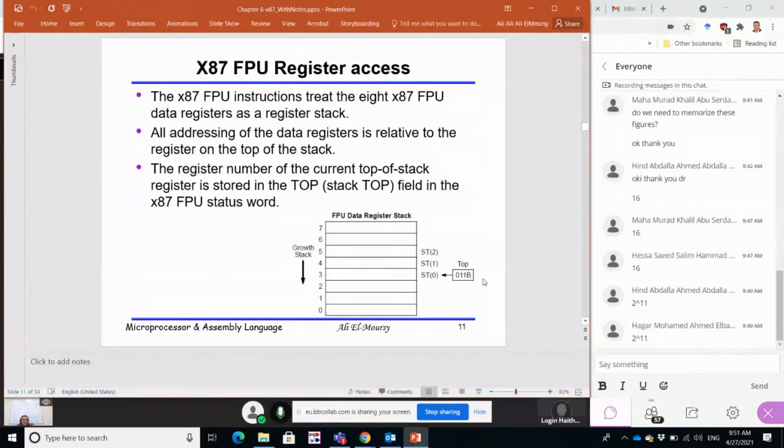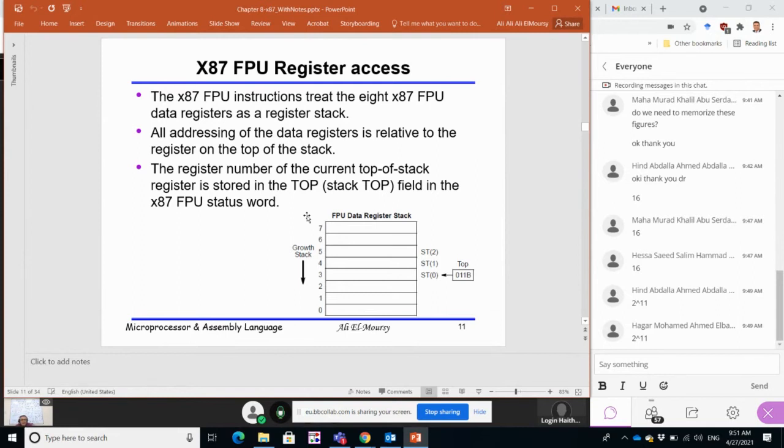Originally, when the stack is empty, the pointer points to R7. When it fills up, I have a pointer that points to the top of the stack, which is decremented. A push will decrement, and a pop will increment. Here I have the stack top that points to the current location in the stack of registers.